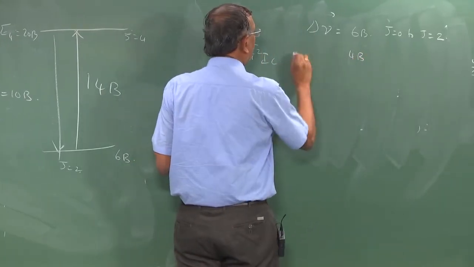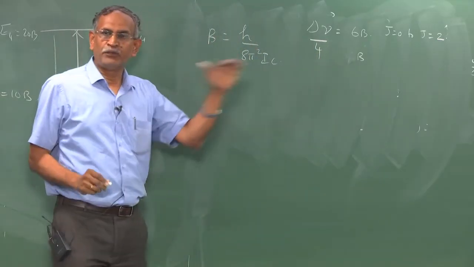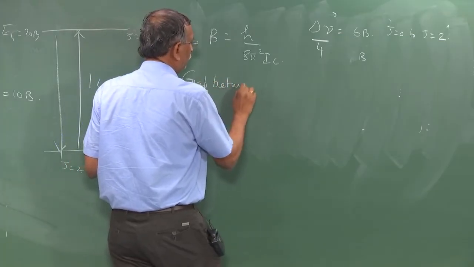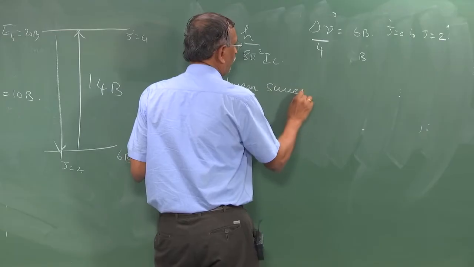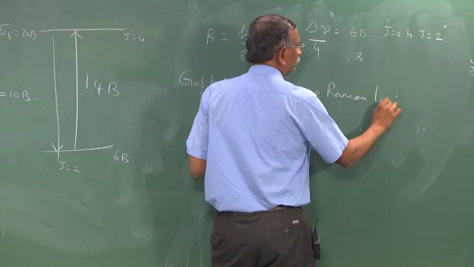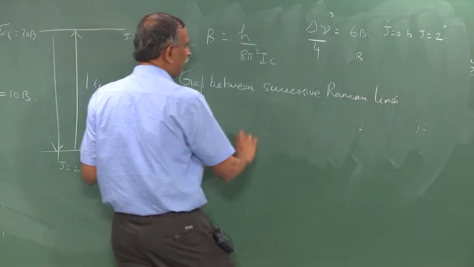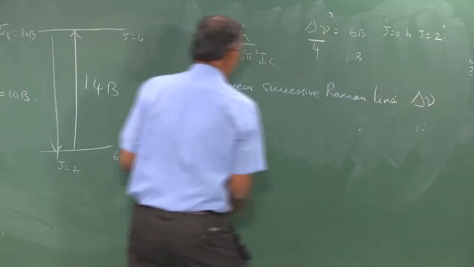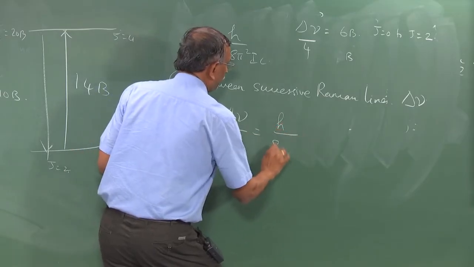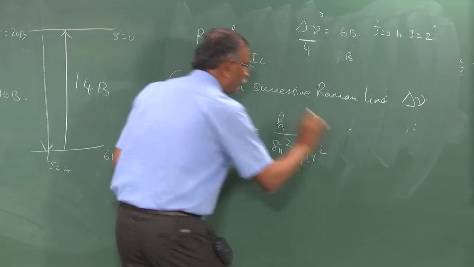Therefore delta nu by 4 is the gap between successive Raman lines, which is 4b, and that delta nu by 4 is h by 8 pi squared c mu r squared.